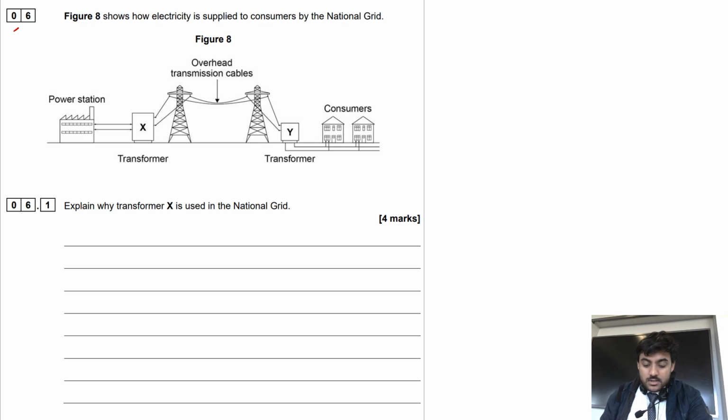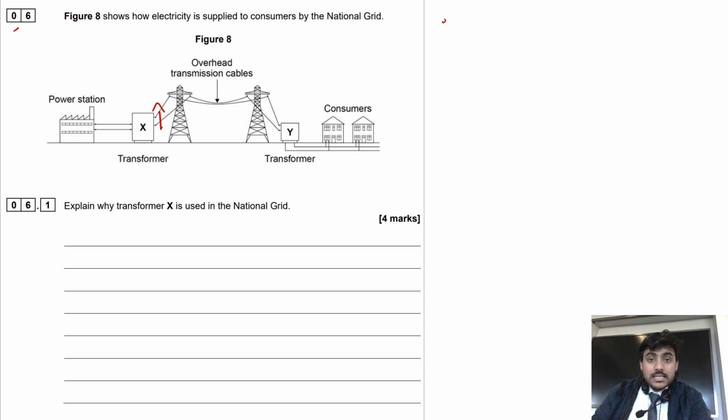Transformer X is a step-up transformer, and its job is to take the potential difference created by the power station and step it up to around 400,000 volts. Because it is at such a high voltage, the current is going to be really low.